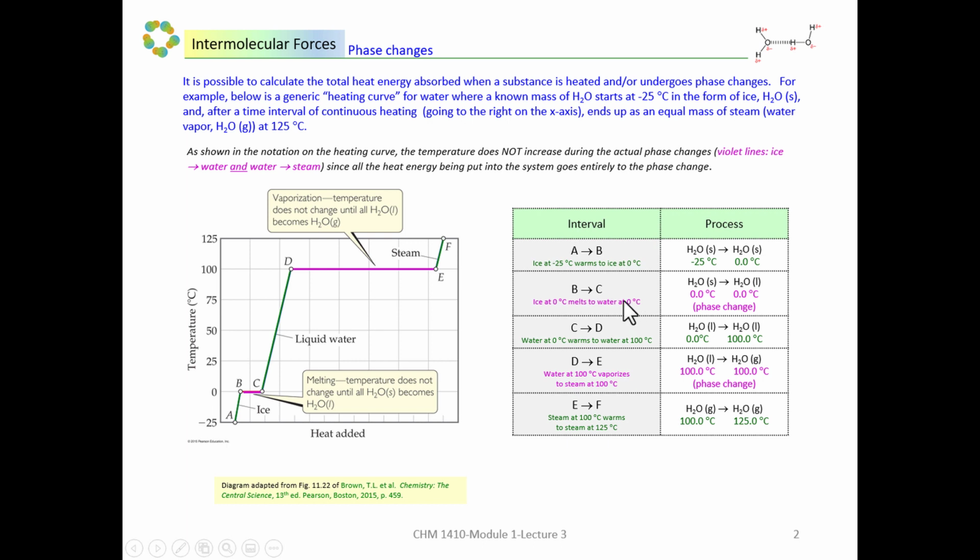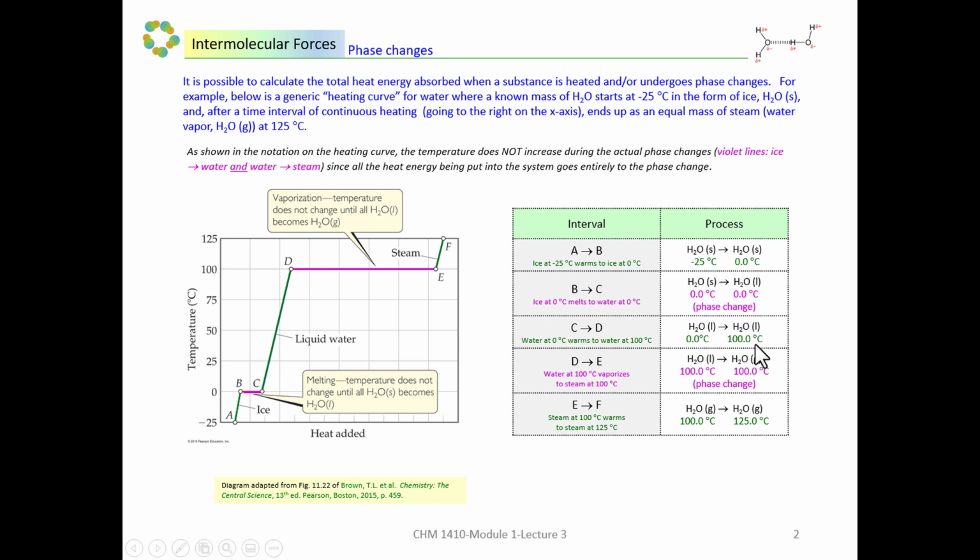And we can signify that on the right here: H2O solid at 0 going to H2O liquid at 0, a phase change. If we continue to heat after all of the ice has been melted to water, then we start heating the water. That would be segment CD, where water at 0 warms to water at 100. So we'd have H2O liquid at 0 going to H2O liquid at 100.